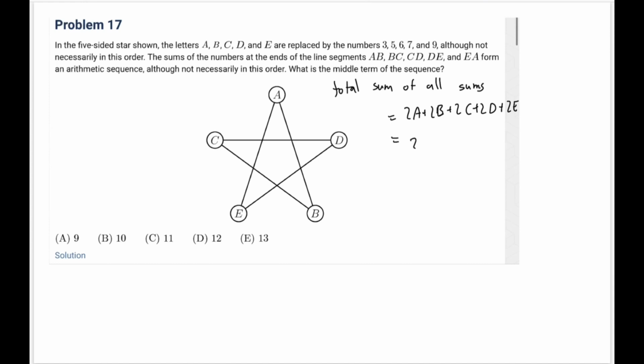And so this will be 2 times 3 plus 5 plus 6 plus 7 plus 9. This is 2 times 8 plus 6, so 8 plus 6 plus 7 is 21, plus 9.